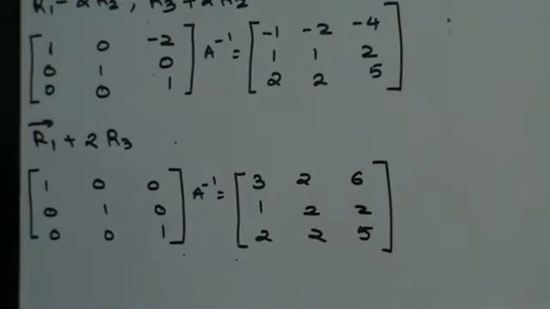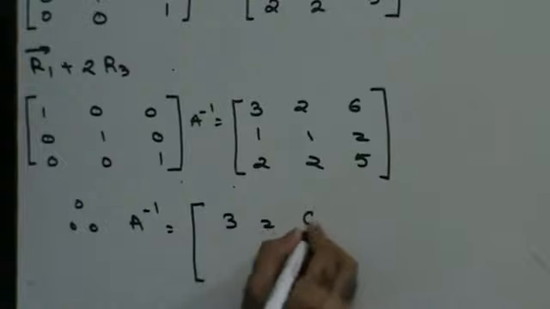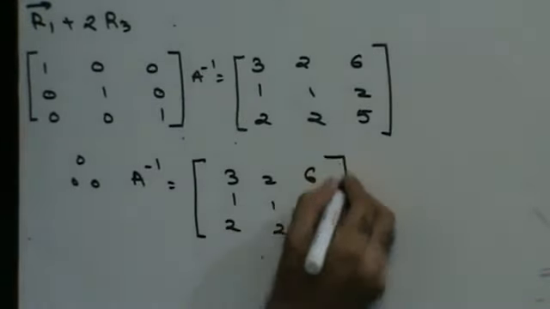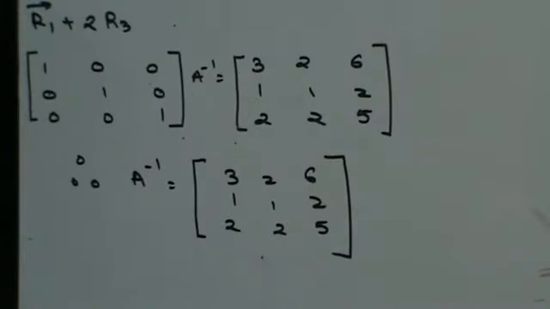This is nothing but the identity matrix. 1, 1, 2. Excuse me, sorry. Right? Now, but what is this? This is nothing but the identity matrix. What's the value of the identity matrix? 1. So therefore, I'll get A inverse as 3, 2, 6, 1, 1, 2, 2, 2, 5. That's your answer. Right?